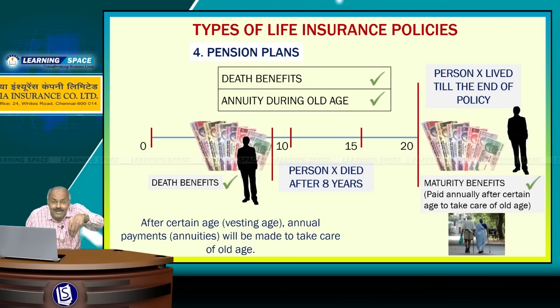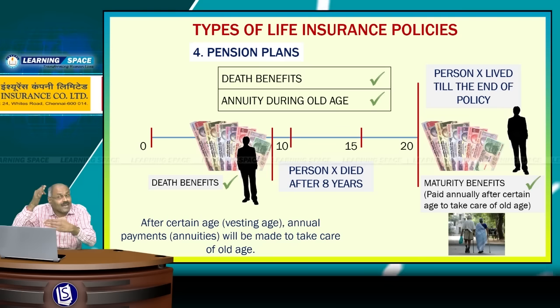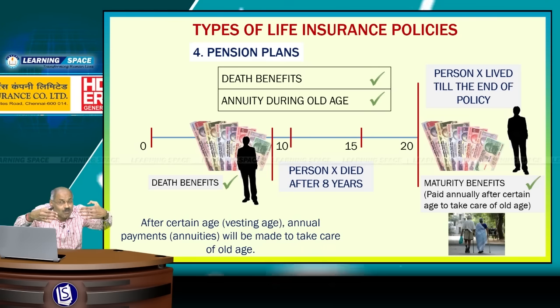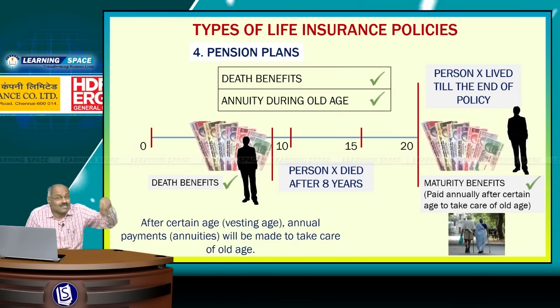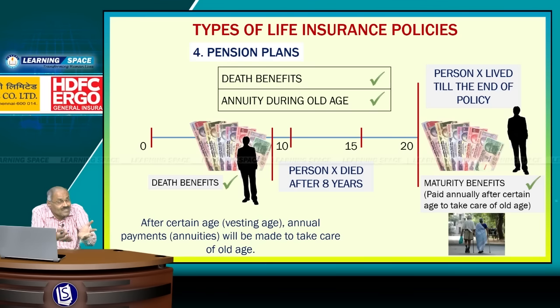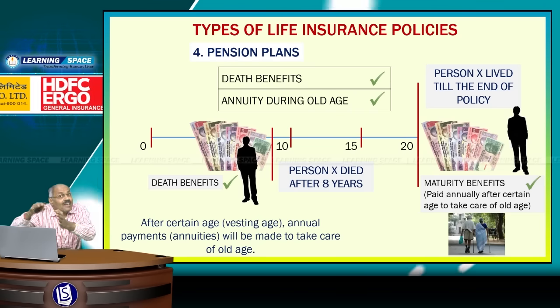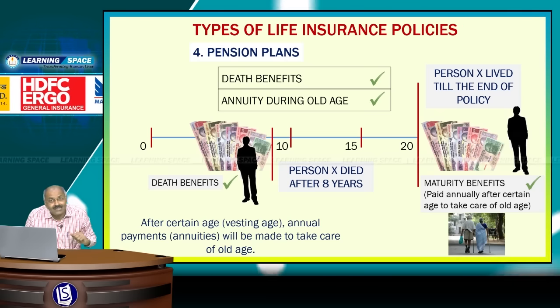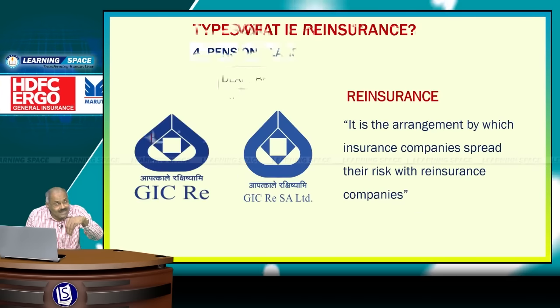This term please don't forget, vesting age means the age from which annual pensions are given under these pension plans. So, if someone says pension plans, please don't forget, it combines death benefits, insurance as well as pension. So, this is about pension plans and reinsurance.